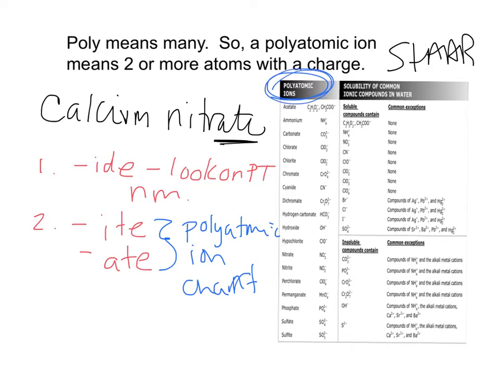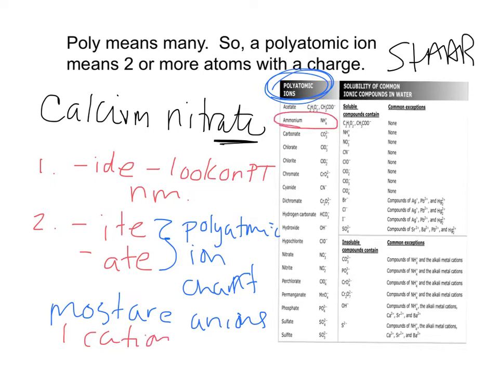Most of these we're going to say are anions, and you only have one cation, which is ammonium. All of the rest of these are going to be anions, so we're going to look at your endings for these.